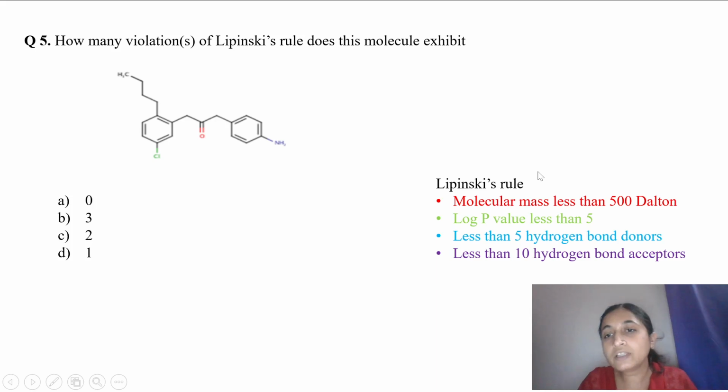Lipinski rule: the molecular mass less than 500 Dalton, log p value less than 5, hydrogen bond donor less than 5, and hydrogen bond acceptor should be less than 10. If it follows all these rules, then it follows the Lipinski rule. Or if it does not follow one or two rules, then there will be a violation of 1, 2, or 3 rules like that. So first we will check this structure in Swiss ADME, and then we will see how many it's following or how many it's violating.